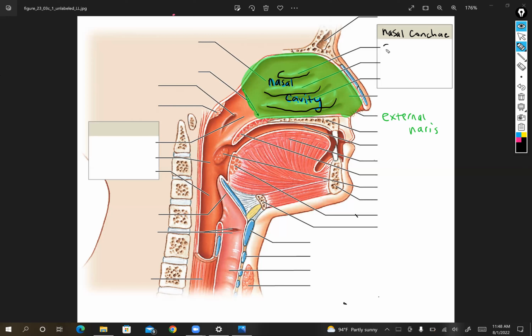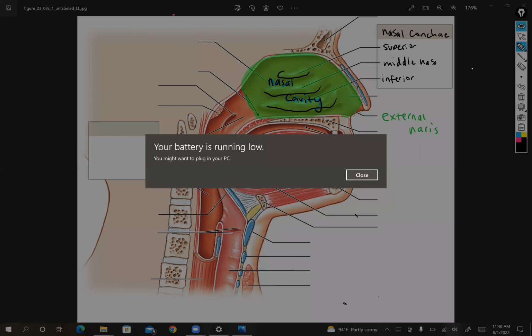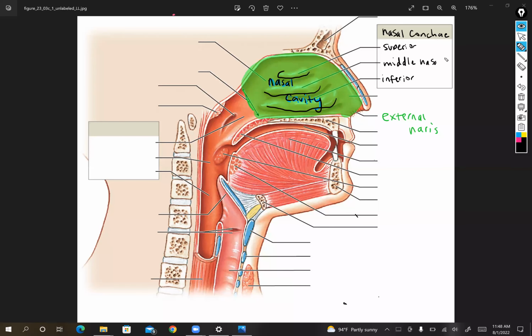So we have the superior, middle, and inferior nasal concha, which is the singular form. Now I have to switch to white because I'm off the screen. So concha is singular. Conchae is plural.